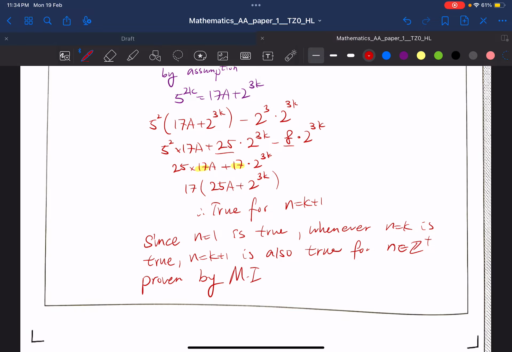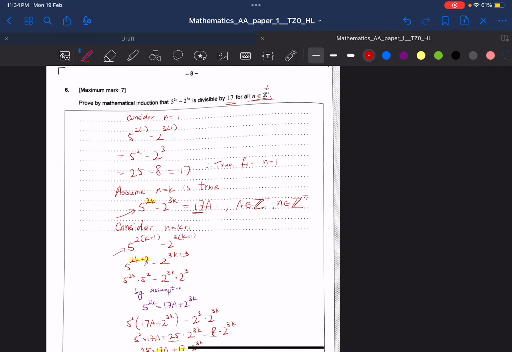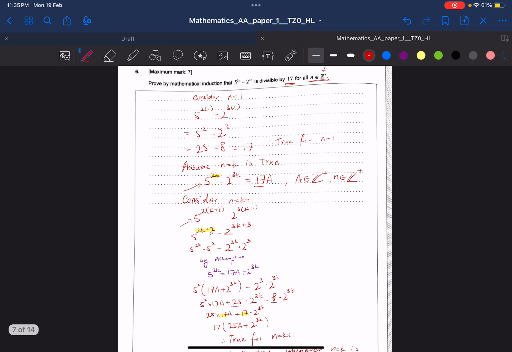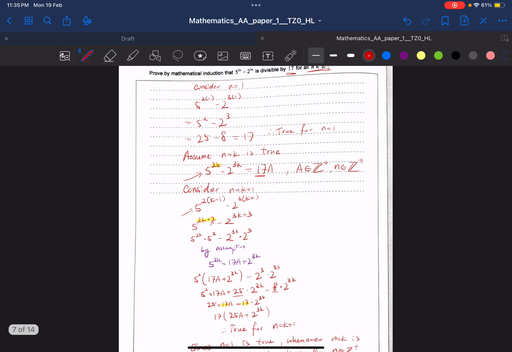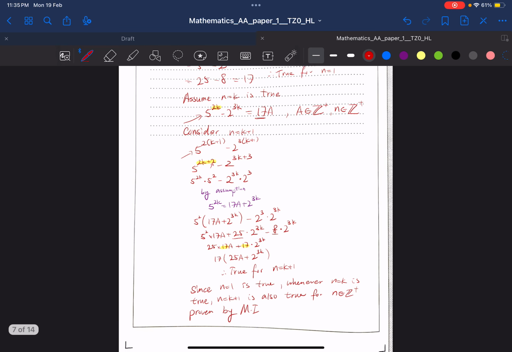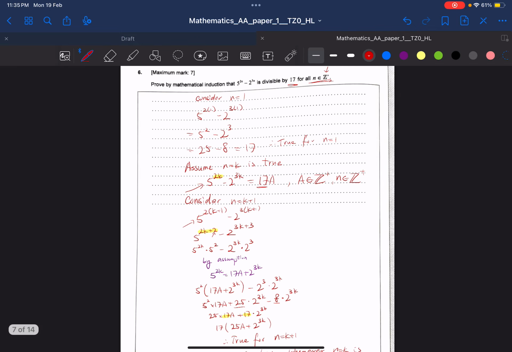So here I'm just lazy and don't write the full name for MI, but it's fine. So this is a structure that all of us need to follow in order to get the full marks for the 7 marks here. Okay.